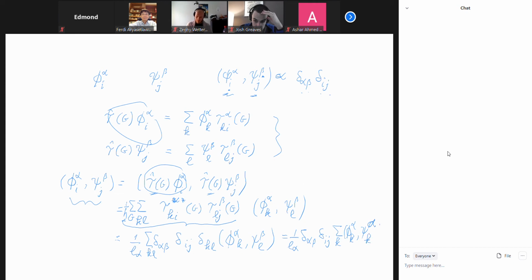Okay, like this. So that's what we have here. It's proportional to delta alpha beta and delta ij. So if I have two functions belonging to two different irreducible representations, or belonging to two different rows, then they are orthogonal. So it's a useful property which comes entirely from symmetry.